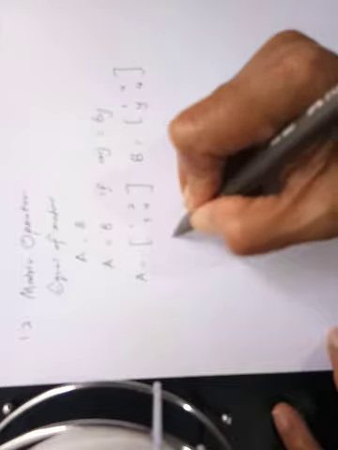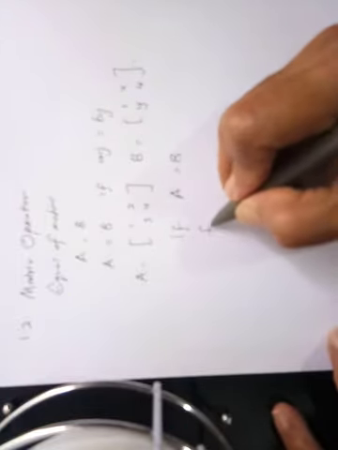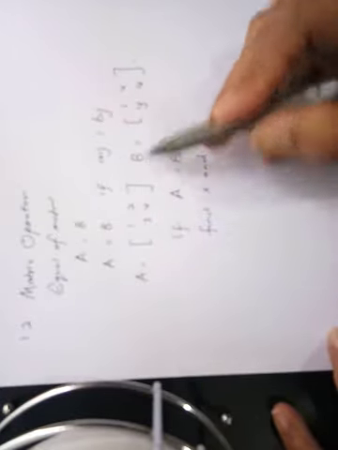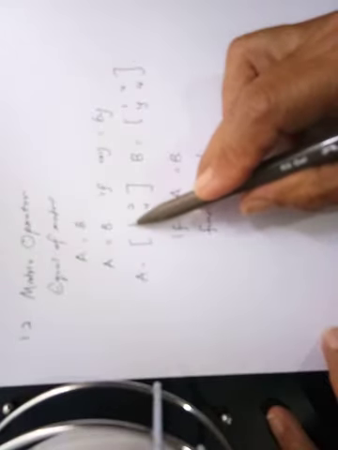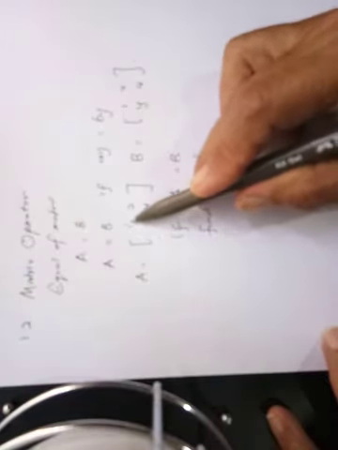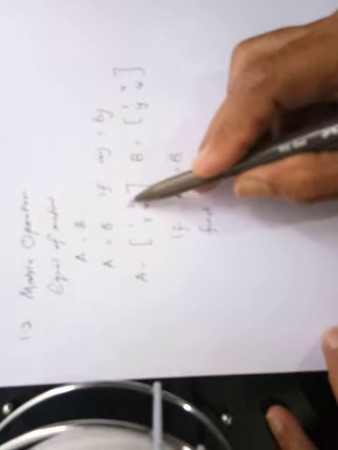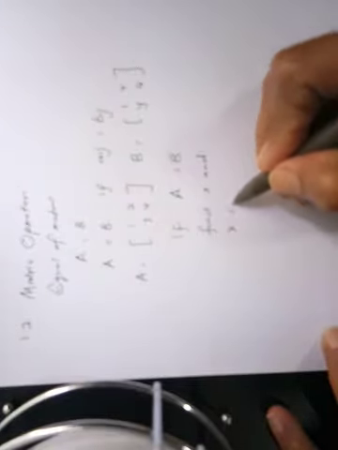Now if A equal B, so find X and Y. Since A and B are equal matrix, the corresponding element, this is A11 and this is B11, they must be equal. Okay, A12 and B12 also must be equal. So that's the answer for X is 2.